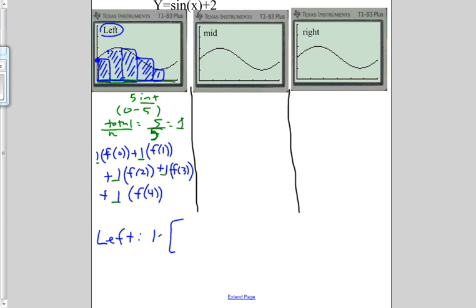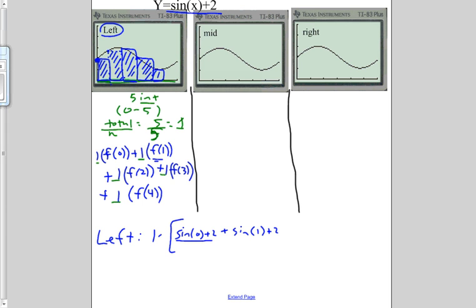Well, our function is sine of x plus 2. So we have sine of 0 plus 2, and then f of 1, which is sine of 1 plus 2.